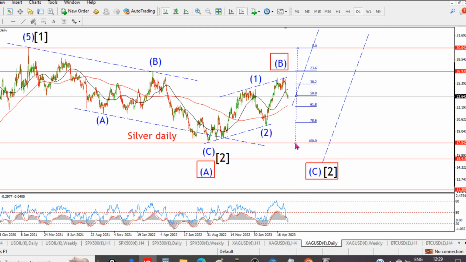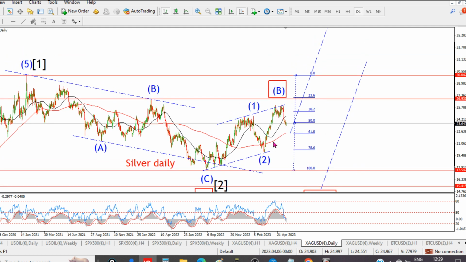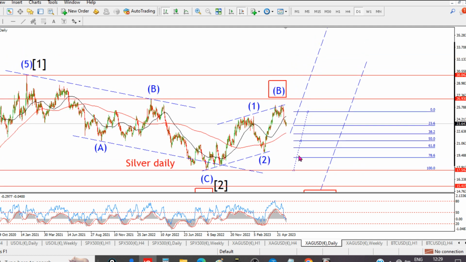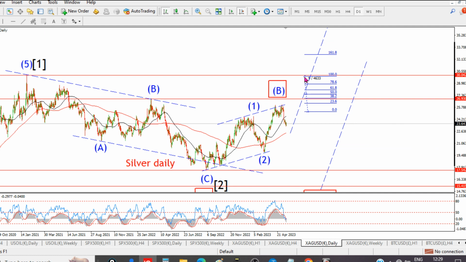This is all in the context of this alternate count here. So at this point, let me get this Fibonacci grid in place here. We've retraced above 62% of the previous decline. So we popped above 62% of the previous decline, and now we're starting to move lower again.